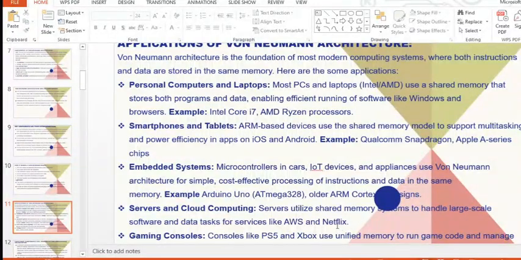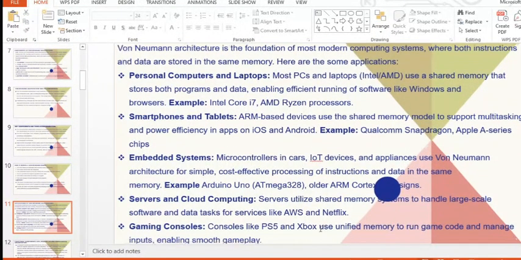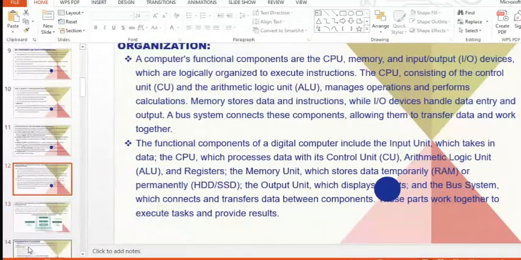Then you have gaming consoles like the PS5 and Xbox. Of course, this is more about virtualization, and also for gameplay and gaming.